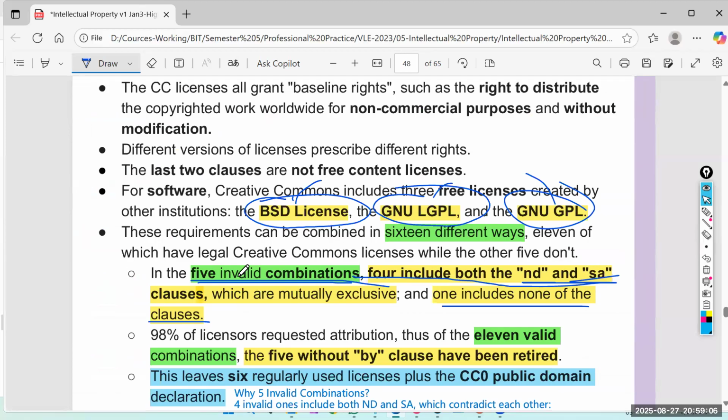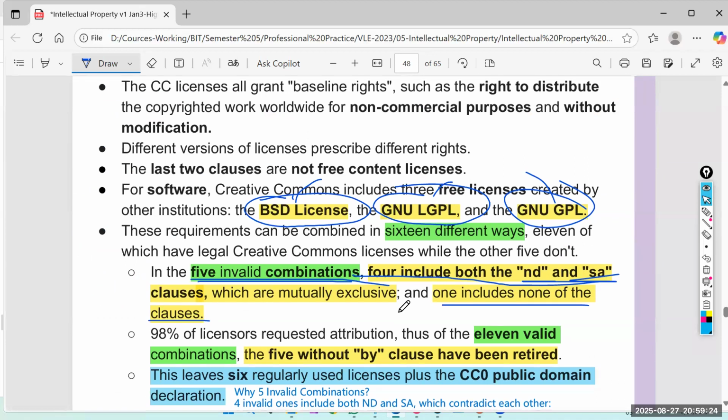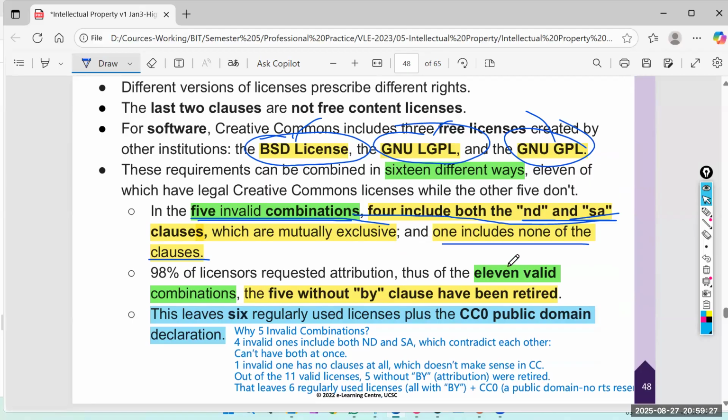And there's a fifth combination, where you don't specify any of these. Nothing is there, no picture is there. That is also invalid because then there's nothing to defend. So that is how there are five invalid combinations. But there are 11 valid combinations. Five invalid, 11 valid.